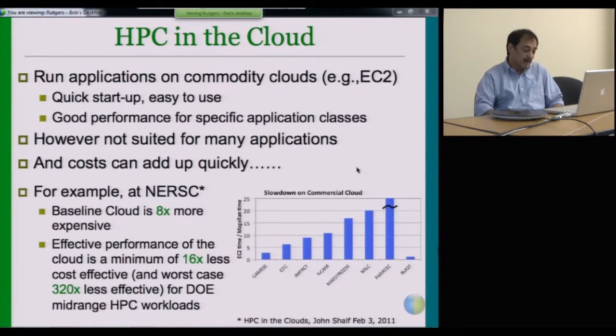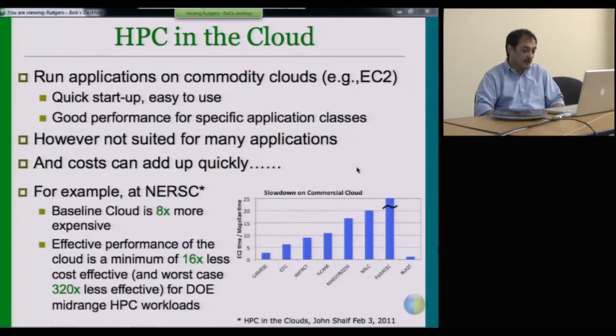And the plot on the right shows the ratio of the EC2 runtime and the Magellan runtime, and you see a slowdown for many of the applications. The exception there is BLAST, which is a very nicely parallel application.